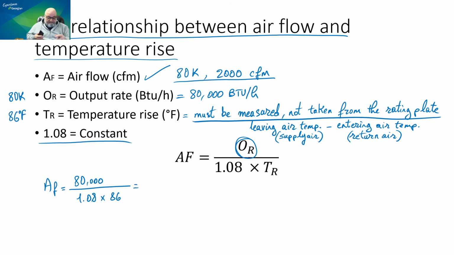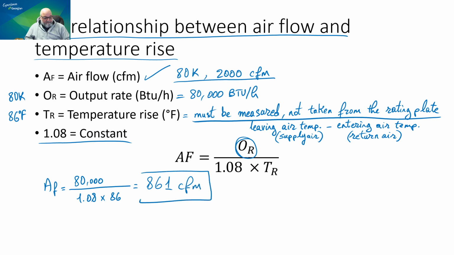So I'm going to do the math. I'm going to do it very carefully this time. 80,000 divided by 1.08, also divided by 86. It is a despicable 861 CFM.